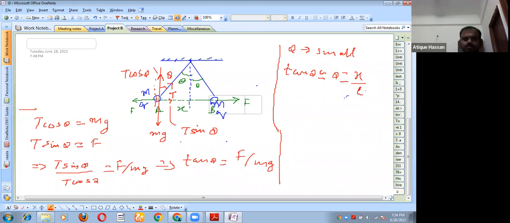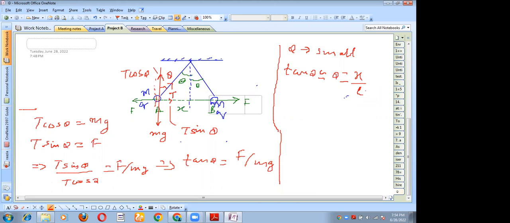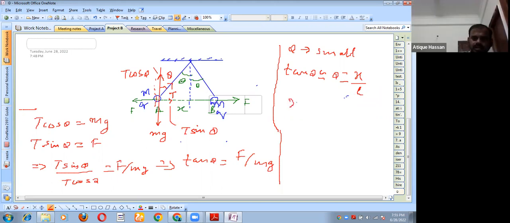So from there, you can write x by L equal to F by mg. And what is the value of F? F will be equal to the electrostatic force, kq square by x square.